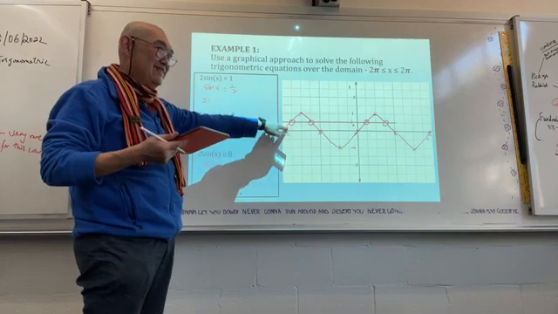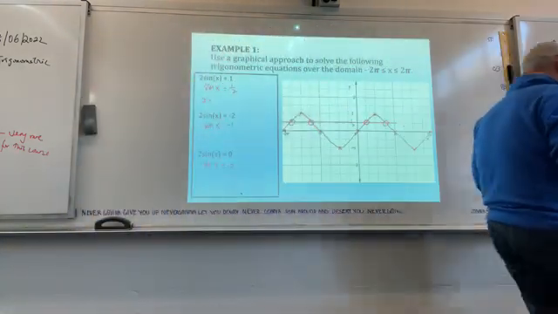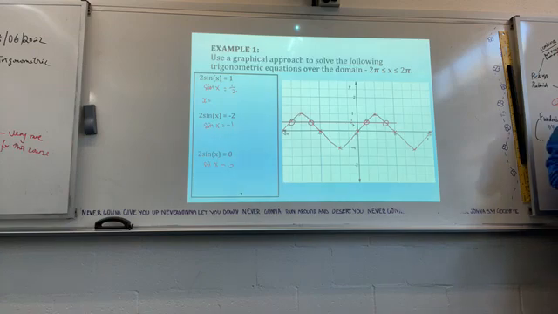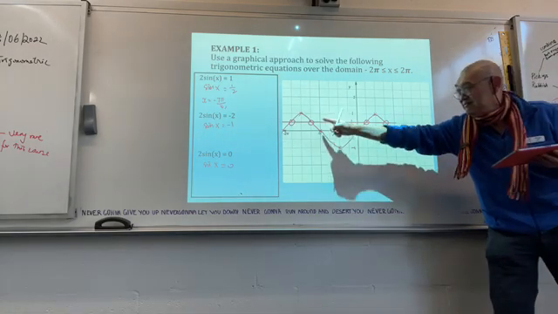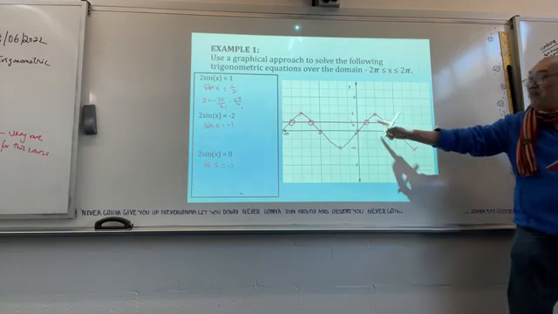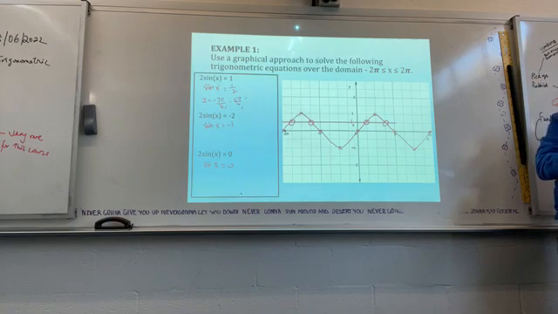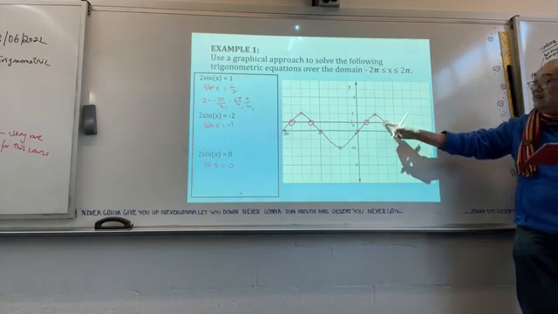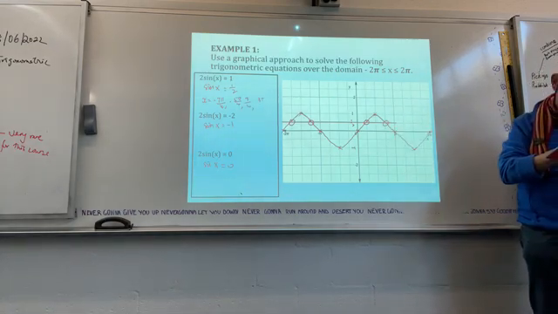Negative 7 pi over 4. Thank you. What about the other one? Negative 5 pi over 4. And that one is pi over 4 and 3 pi over 4. Thank you.